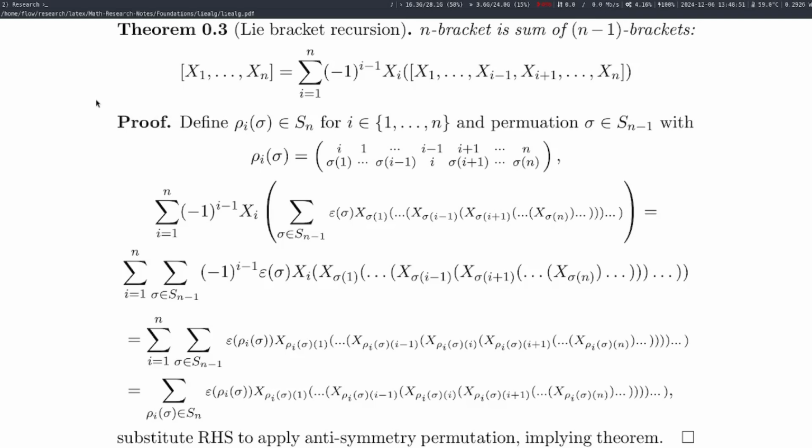So it doesn't have to be associative, like the Grassmann exterior algebra and the Koszul complex. That would be an associative context. This is more general for Lie brackets where it's non-associative. And yeah, this is my proof of it.